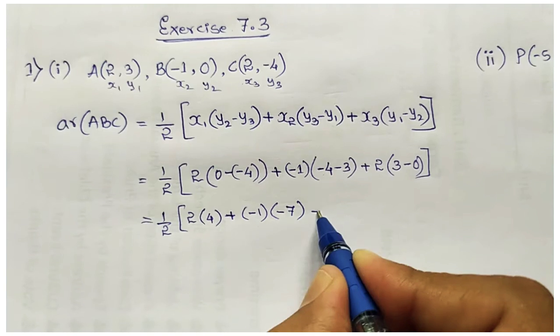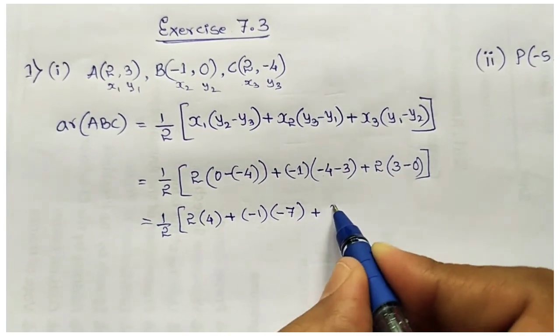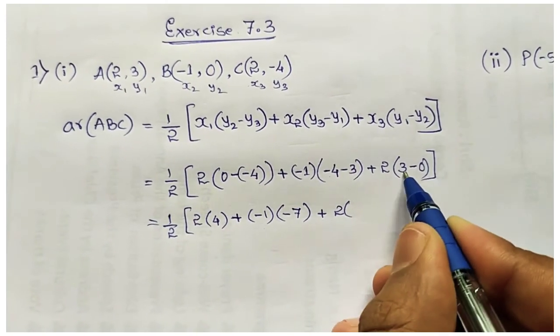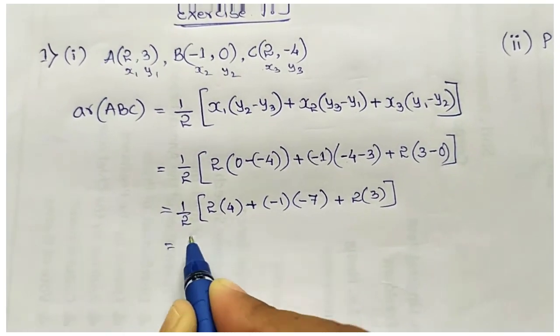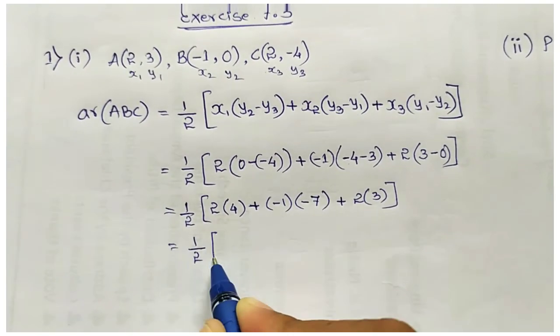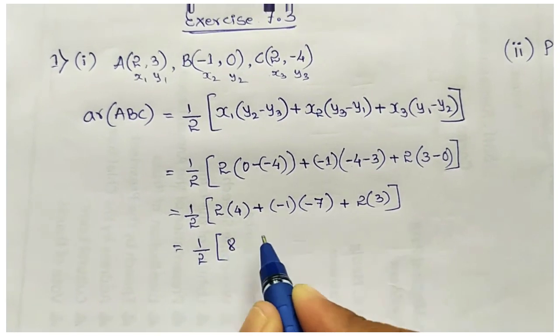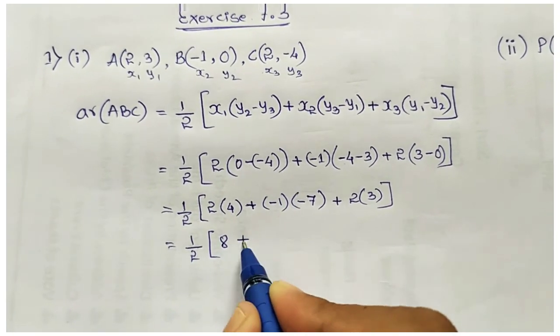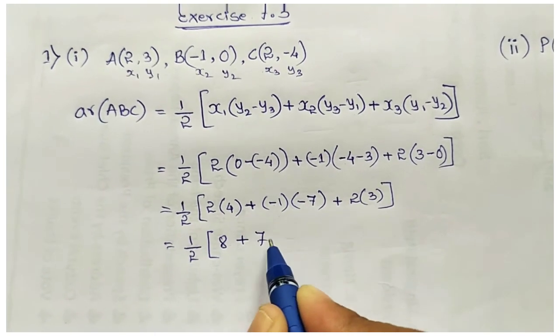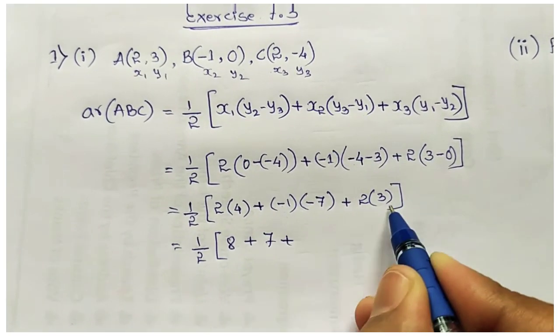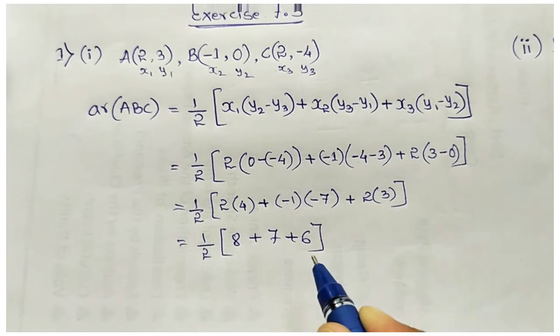Plus 2 into (3 minus 0), means 3 only. Now 1 by 2, do the multiplication. 2 4s are 8, plus minus into minus again plus, 1 7 is 7, plus 2 3s are 6.